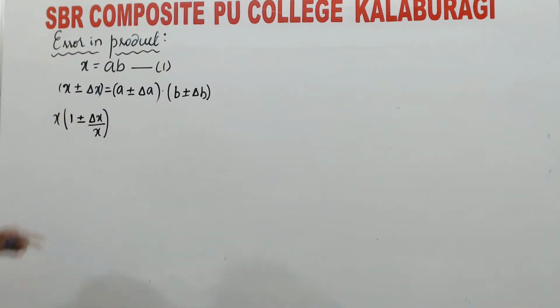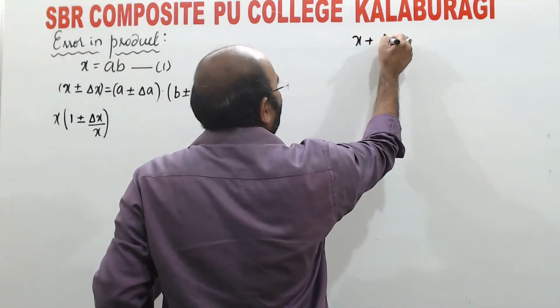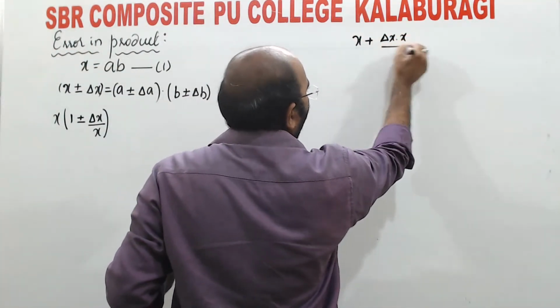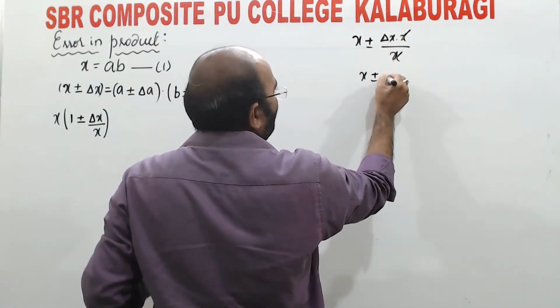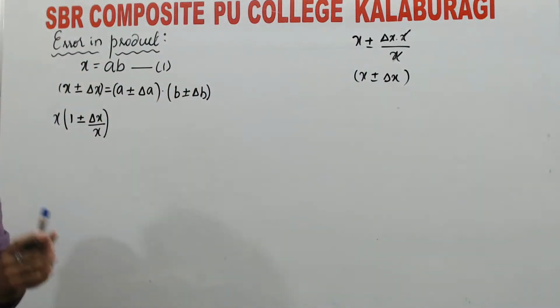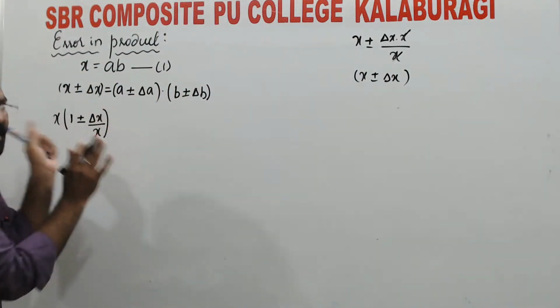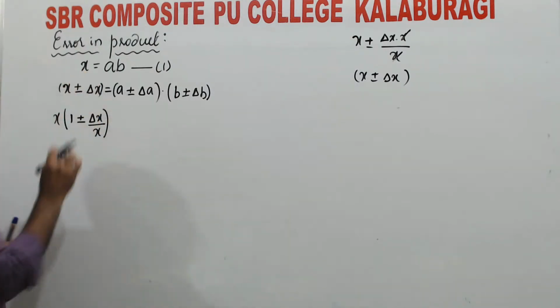Let me simplify by taking it inside again: x plus delta x into x divided by x, x cancels, giving x plus or minus delta x. Again the same result. There is no change made to the physical equation; we are just changing the terms.